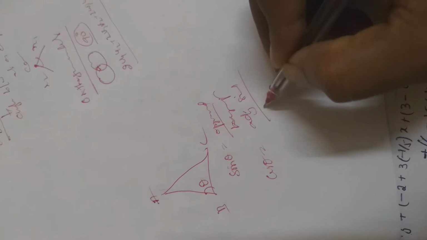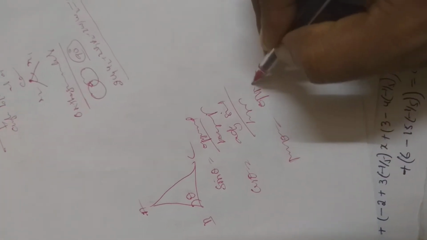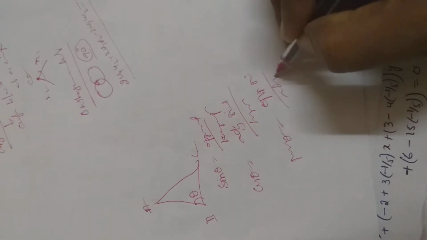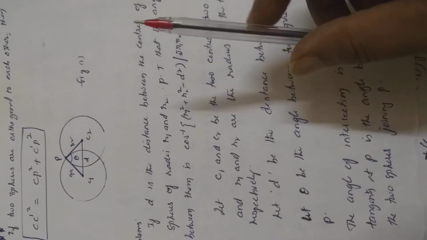Adjacent side by hypotenuse. And tan theta is equal to opposite side by adjacent side. All these are formulas, no? Whereas here we are using the cosine formula to prove this theorem. Here, we are simply writing the given data in the question only. There is only one line, very important one.